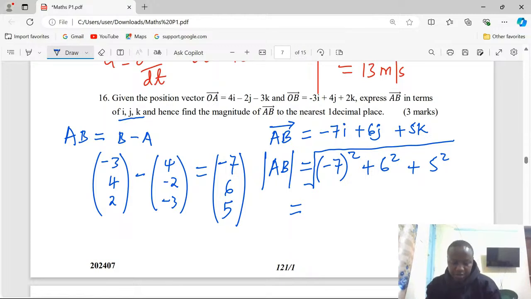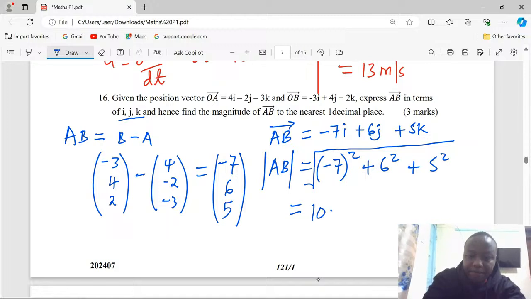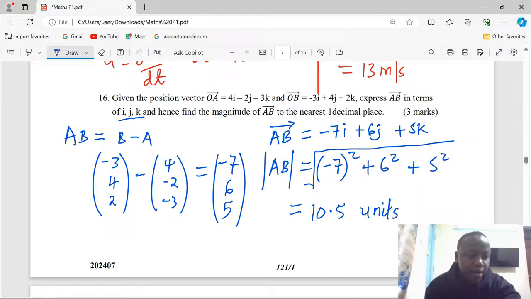When I square and add, then I carry out the square root. This is going to give me, and we have been told to 1 decimal place, 10.5 units. That is to 1 decimal place.